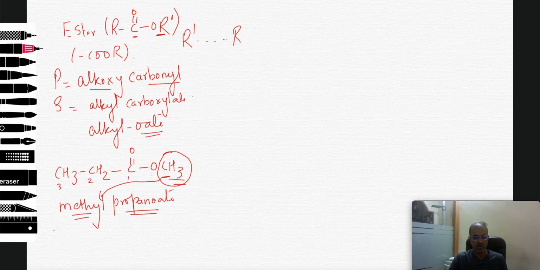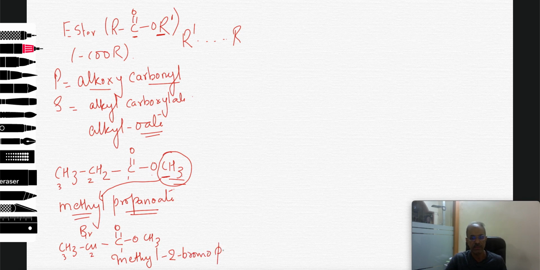Now we'll take another example. CH3-CHBr-C=O-O-CH3. Similarly 1, 2, 3. So it will be methyl 2-bromopropanoate. Fine.